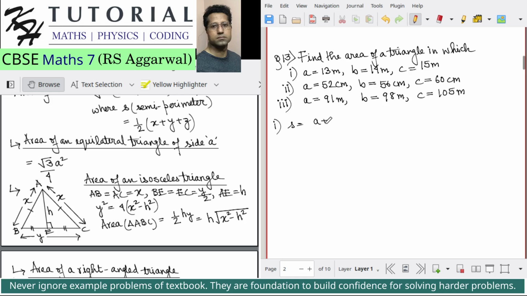It will be A plus B plus C, divided by 2, which is equal to 13 plus 14 plus 15 divided by 2 meter, which is 42 by 2. So s is 21 meter.